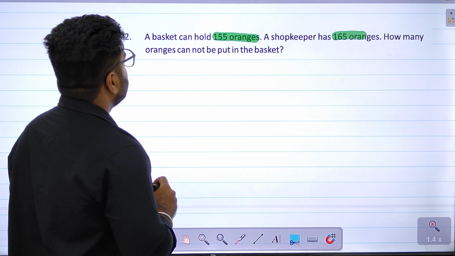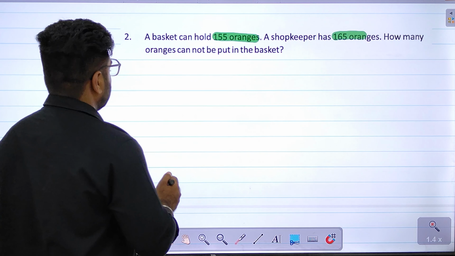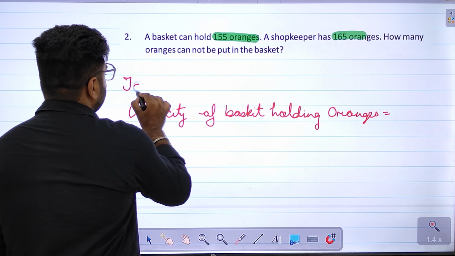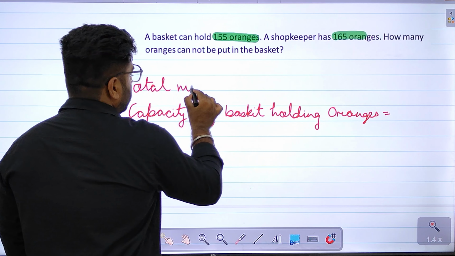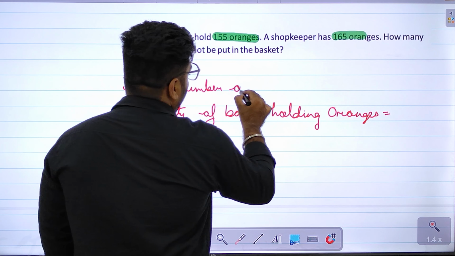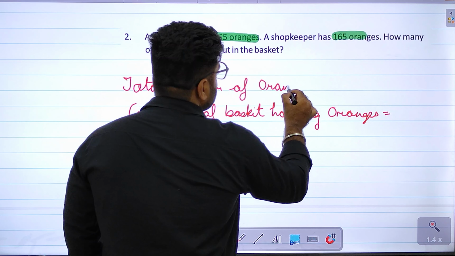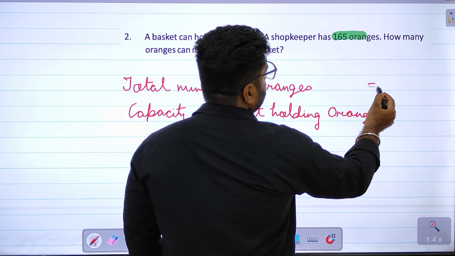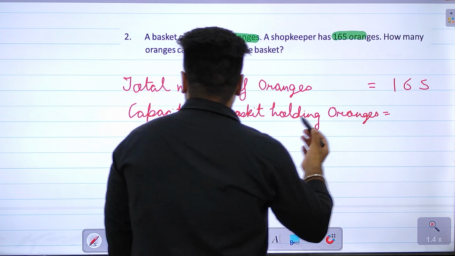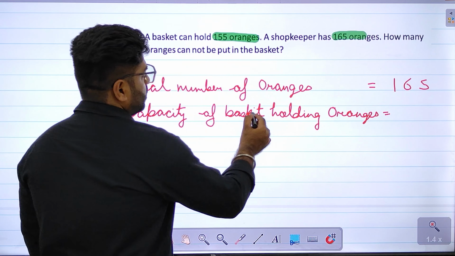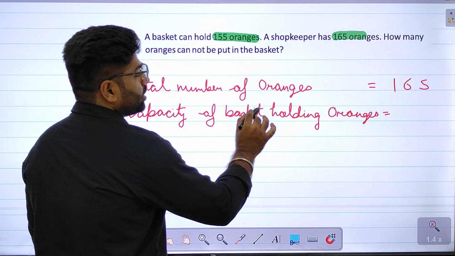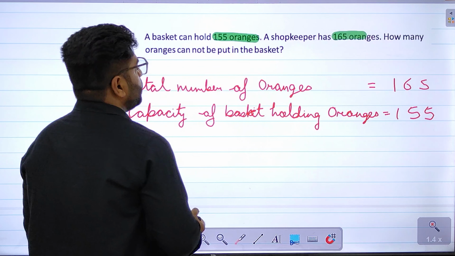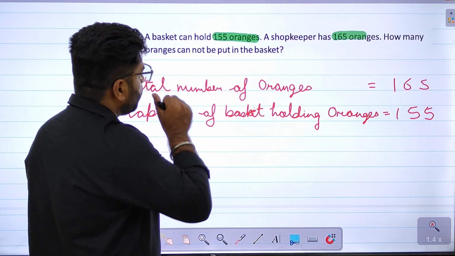First we have to see the capacity of the basket. Let's write here the total number of oranges, that is 165. Then the capacity of the basket holding oranges is 155. Then you have to find how many oranges cannot be put in the basket.